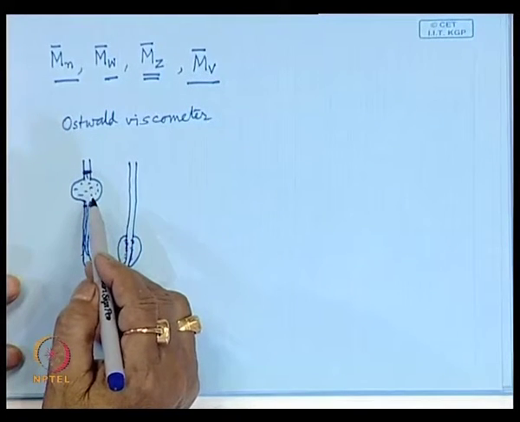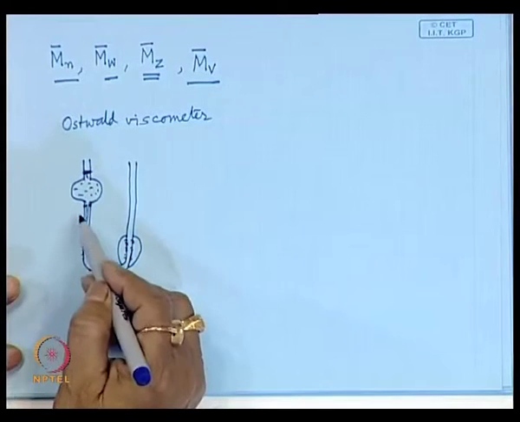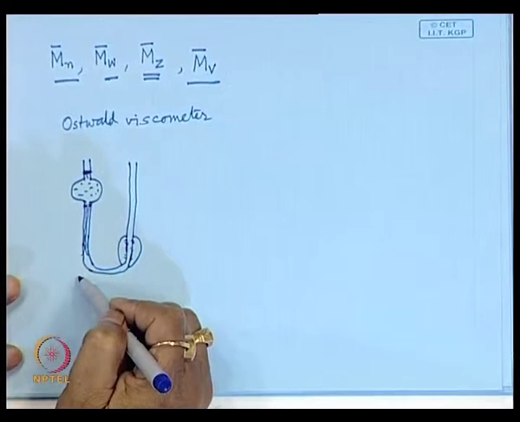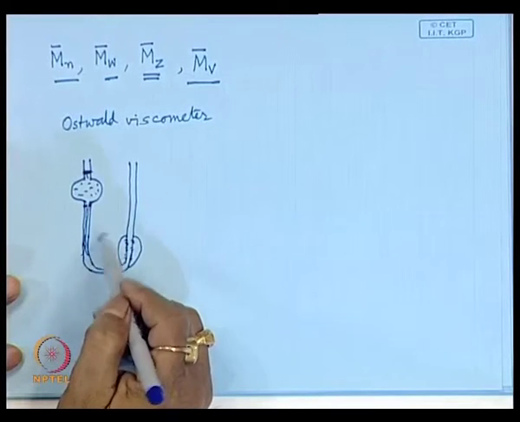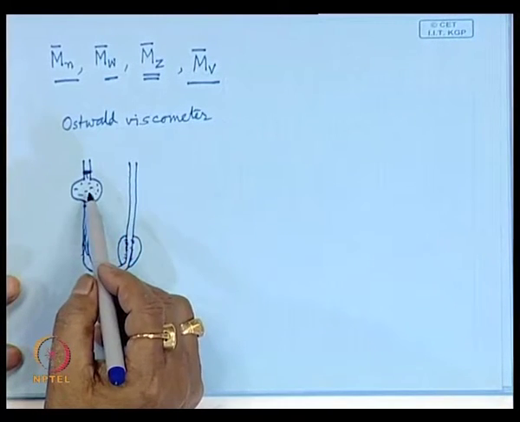So, that is the flow time for the solvent or liquid that is passing through this capillary. Okay. With the help of that flow time, you can calculate the viscosity.